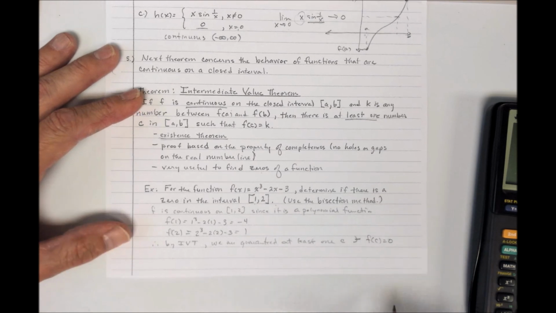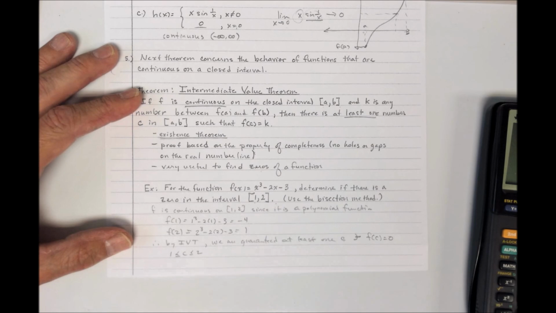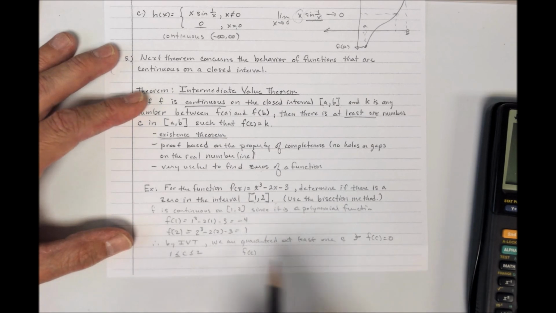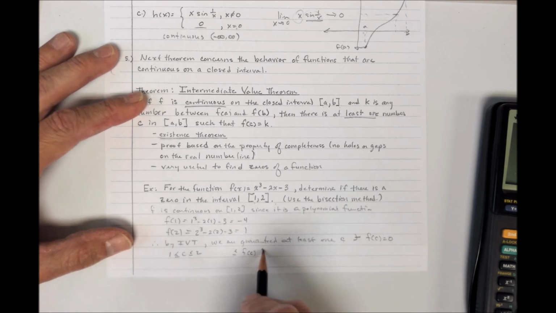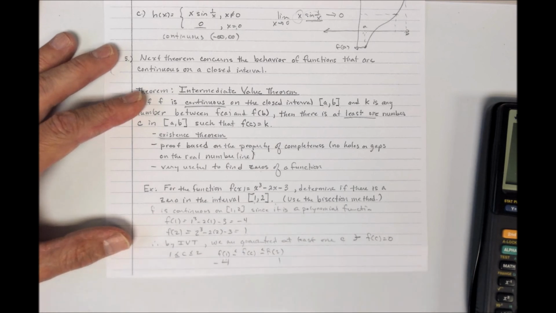Okay, this value c being between 1 and 2, which means f of c, which of course is 0, is in between f of 1 and f of 2, negative 4 and positive 1. Alright, so we're guaranteed that 0. Now, what is the actual 0?